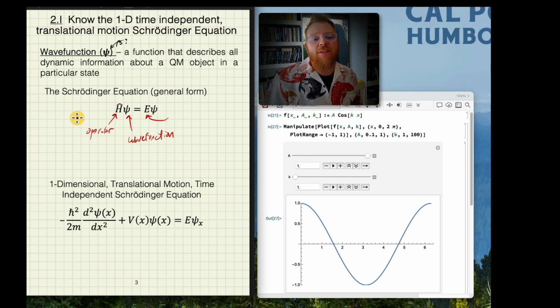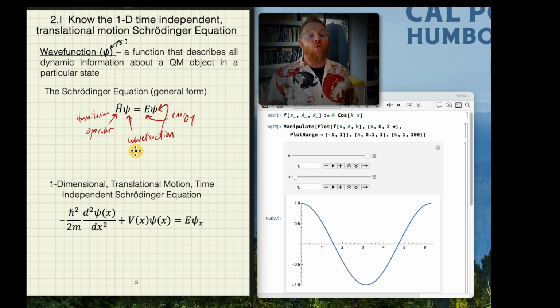So in the case of using what we call the Hamiltonian operator, that is another way of saying the total energy operator. So that will return to us the total energy of the system, and it gives back the original wave function. We're going to go into this in much more detail.